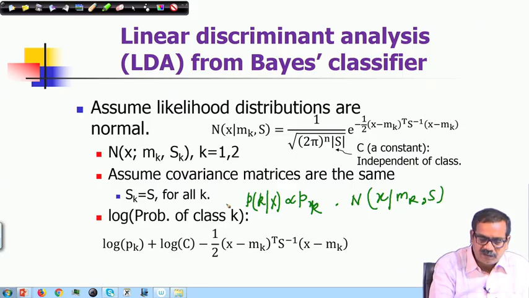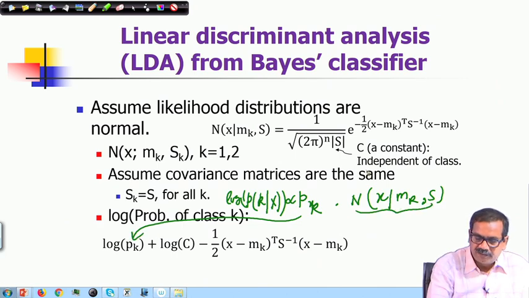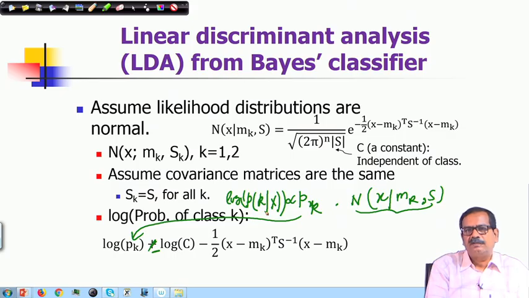Now, once I take log of this operation, then log p k comes here, and from here we can see that this is a constant c. So, I should write here minus log c, because it is in the denominator, but it does not matter in our expression, because we can ignore it as it is not dependent on class. We have to find the maximum of the log of these probabilities, and then assign the class which has that maximum value.